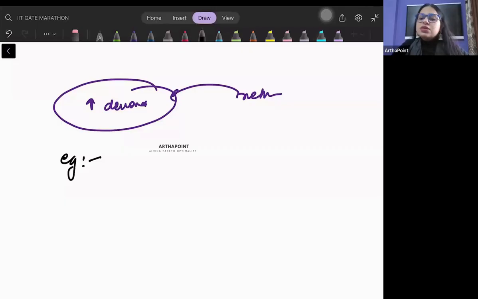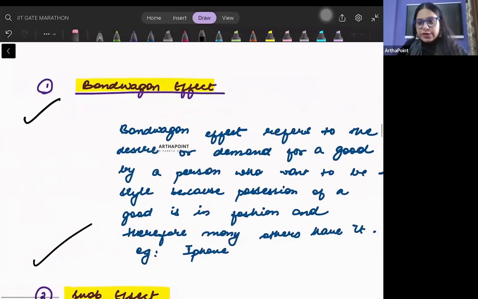So that is a bandwagon effect, because you are influenced by fashion. Nowadays there are so many social influencers, right? If I just look at those influencers and wear whatever they are wearing, I am demanding a particular good because other people are telling me that this thing is in fashion. Then that is known as a bandwagon effect.